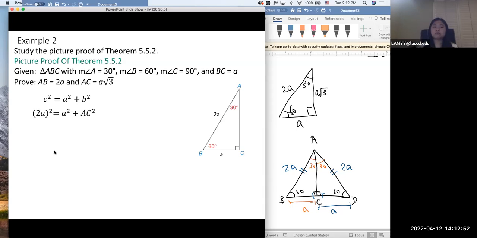Plug it in. So you should have 2A squared, which is 4A squared, right? And then subtract the A squared from both sides.